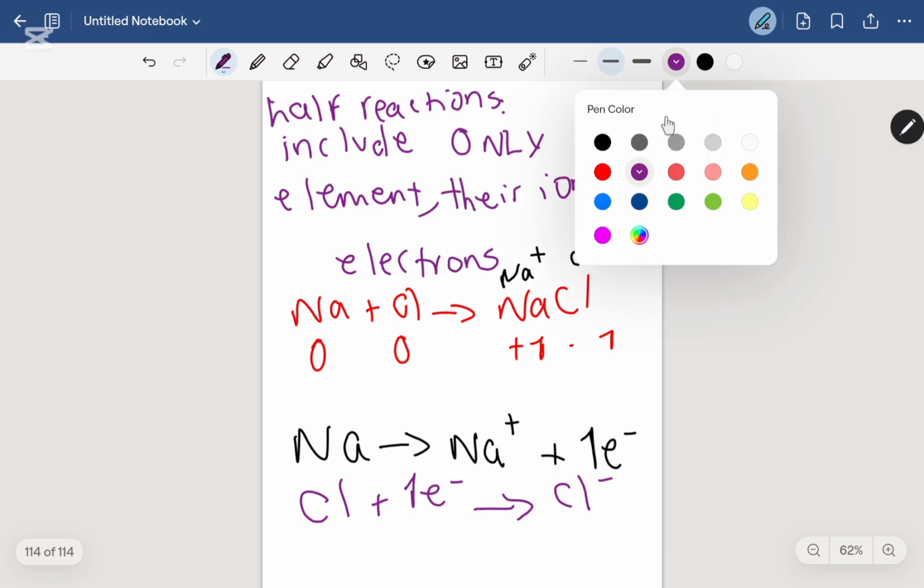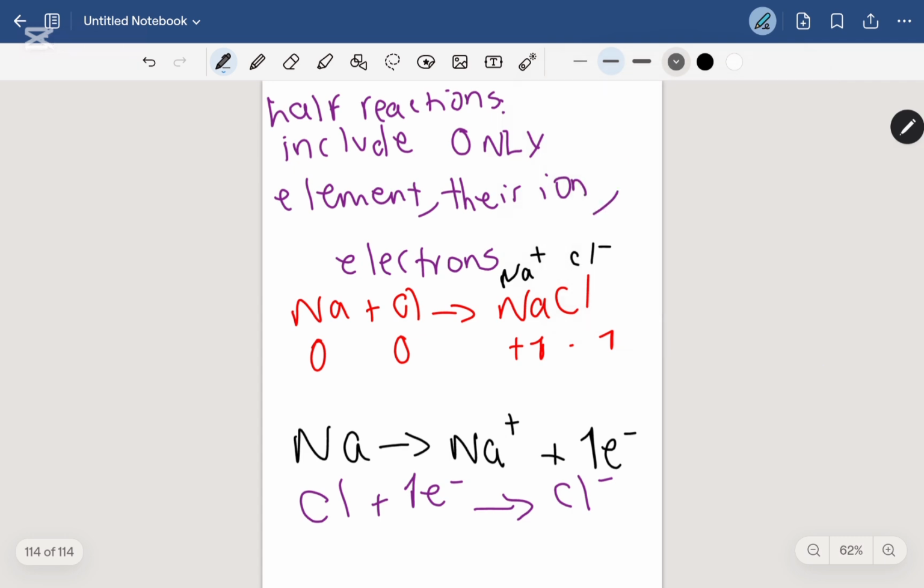Now, if you try to balance this one, if you try to put it in one equation, you are just gonna get the original equation. Although this is not the same for all cases, you have to pay attention if it's the same for all cases. So in this case, it's gonna be Na plus Cl plus 1e minus gives us Na plus plus 1e minus plus Cl minus.